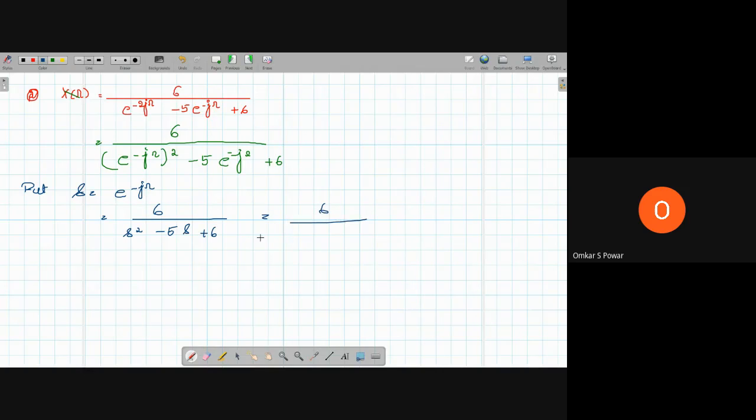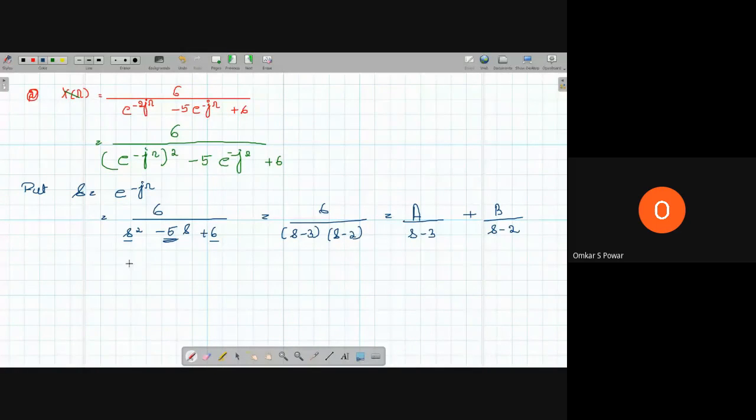So this in terms of partial fractions is (s minus 3) into (s minus 2), because 3 twos are 6, so 1 into 6 is 6 and 3 plus 2 is 5. So further, how can we simplify this one? A divided by s minus 3 plus B divided by s minus 2.